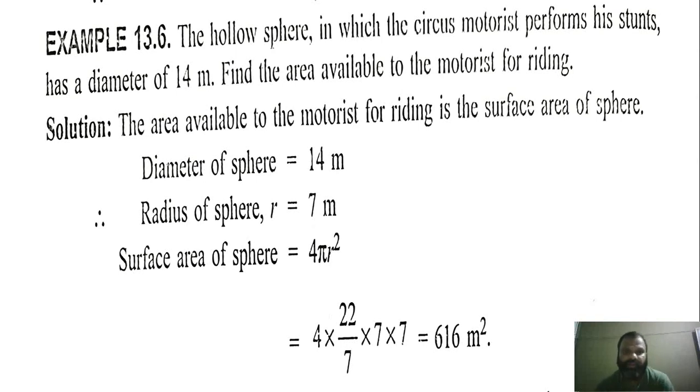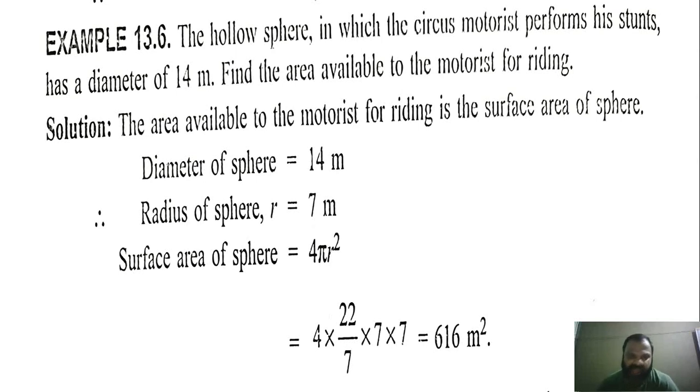Next example is present on your screen. The hollow sphere in which the circus motorist performs its stunts has a diameter of 14 meter. Find the area available to the motorist for riding.